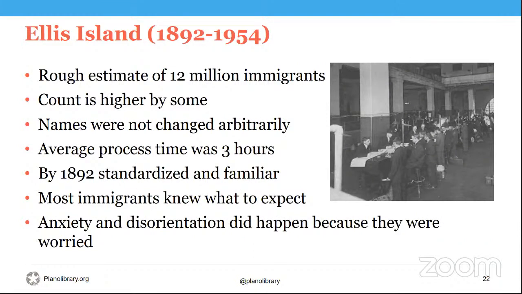Before 1892, it was just New York or Castle Garden or the barge office. Then there was a fire, so then it became the barge office again, and then it went back to being Ellis Island. So it's not always Ellis Island.